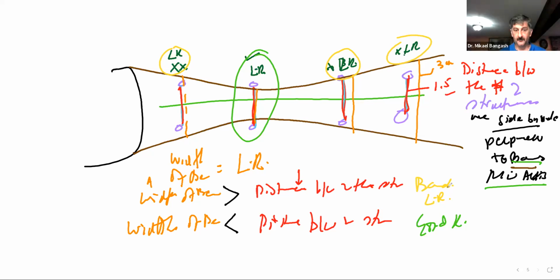Whereas at this point here, we could say the width of the beam, for instance, is 2 millimeters, and the distance between the two structures here was going to be 2 millimeters as well.